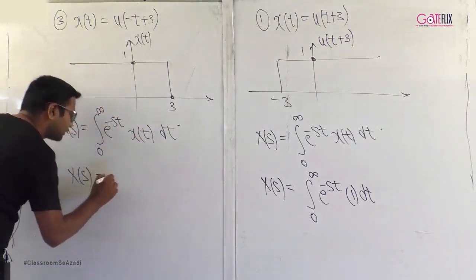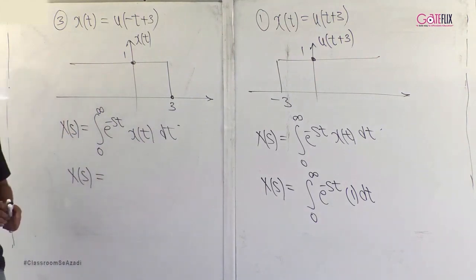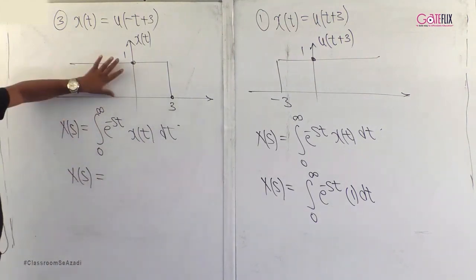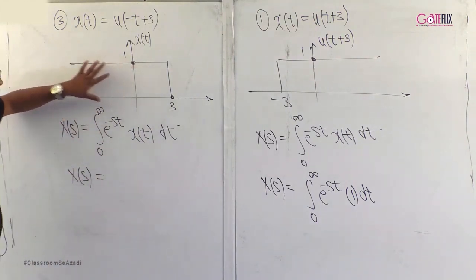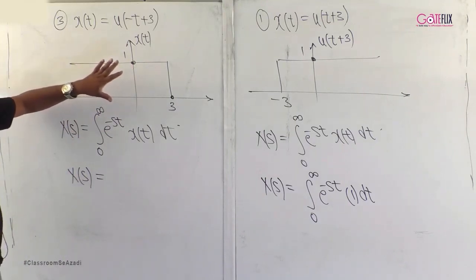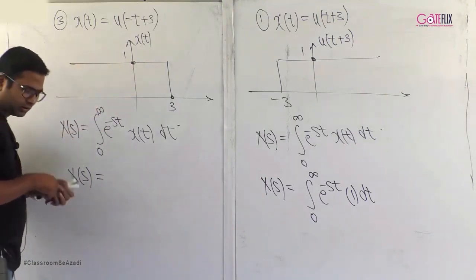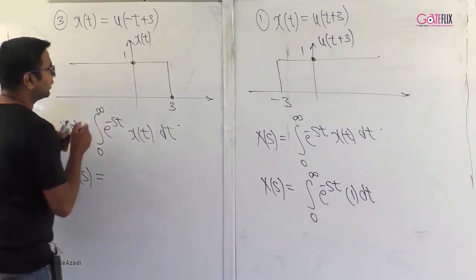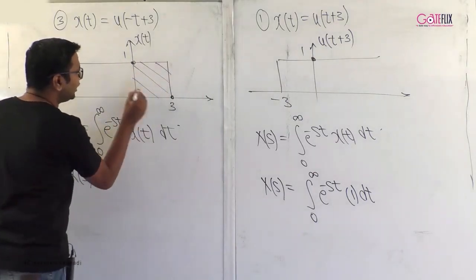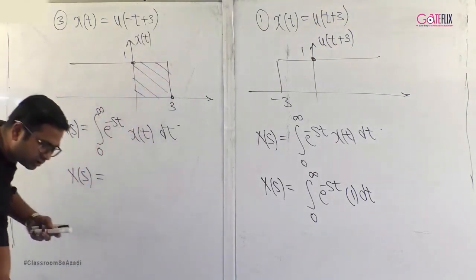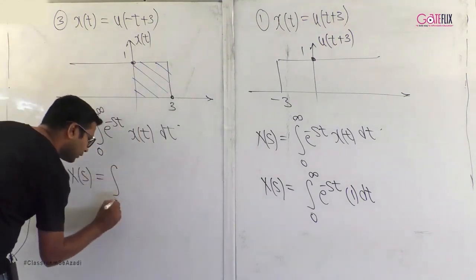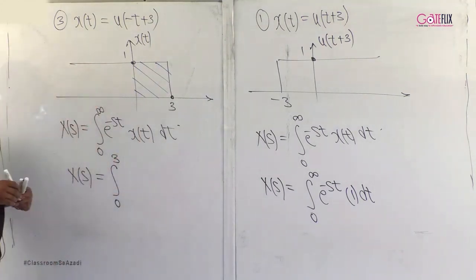Therefore, capital X of s will be equal to, now if you observe, in unilateral we do not consider the negative side of the signal. Therefore, in this case, the amount of signal on the positive side is only from 0 to 3. Therefore, this integration will go from 0 to 3.